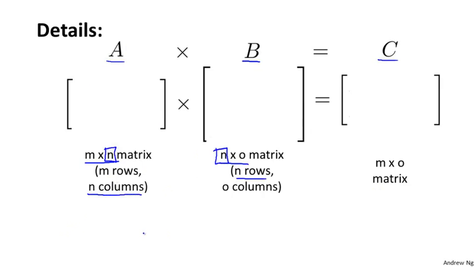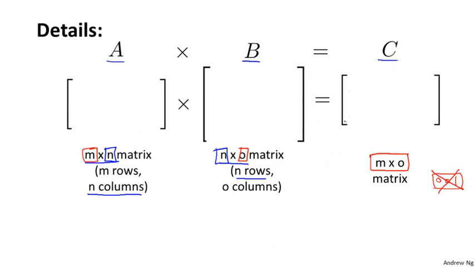The result of this product will be an m by o matrix, like the matrix C here. In the previous video, everything we did corresponded to the special case of o being equal to 1, that is, the case of B being a vector. But now we're going to deal with values of o larger than 1.